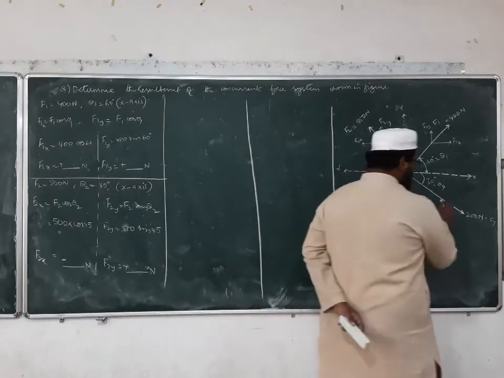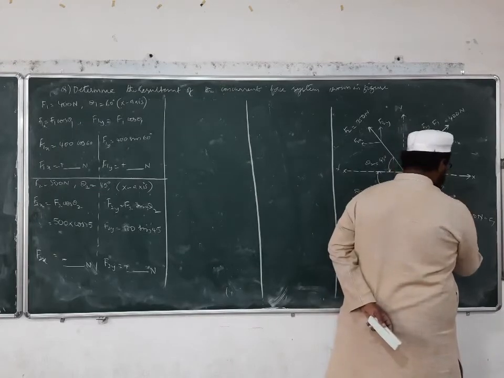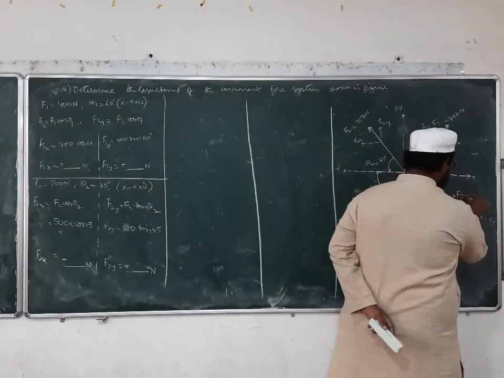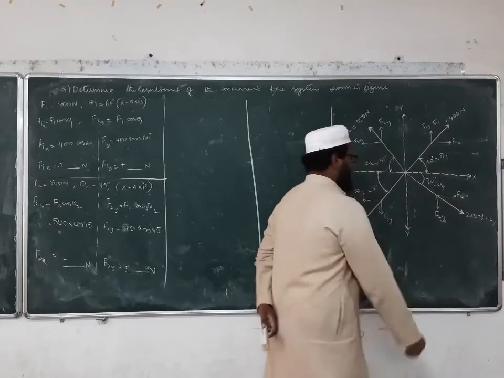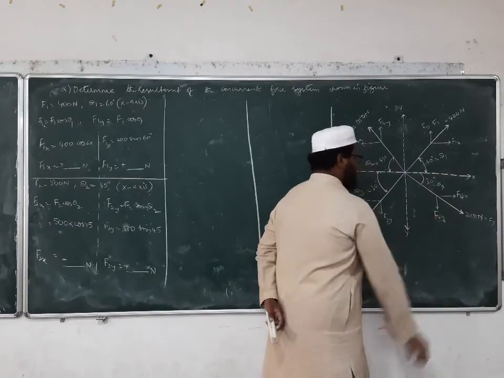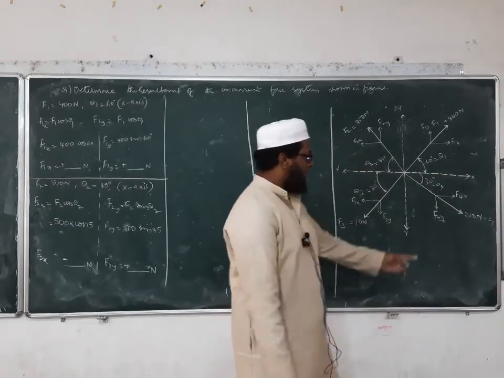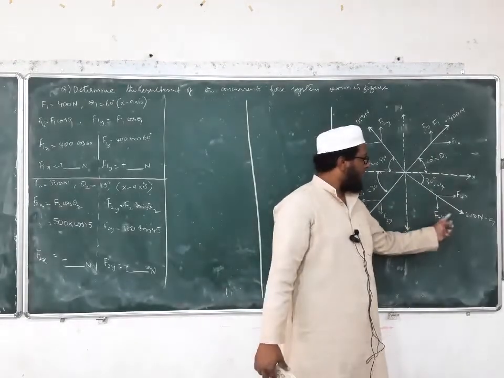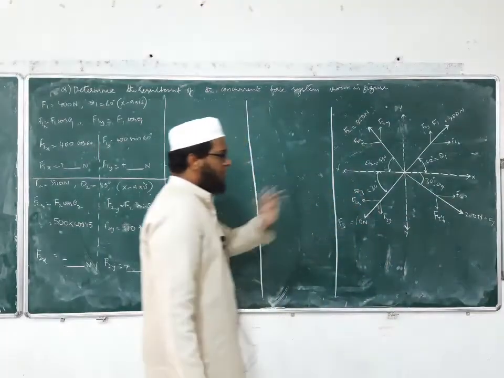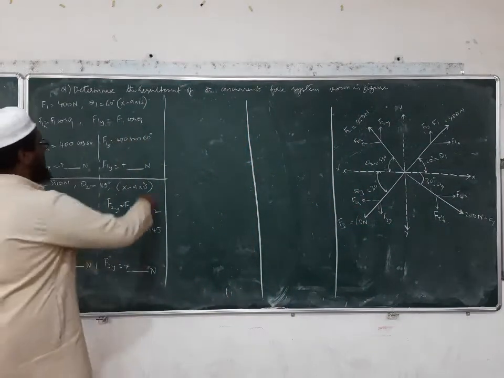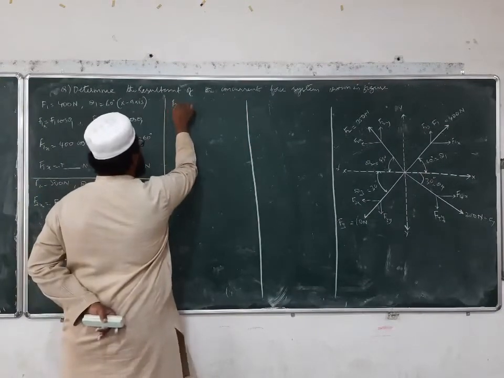We have to calculate these two. Then we have F4x, then F4y component. F4y is the y component, F4x is the x component of F4. Okay. Then we'll go for F3.